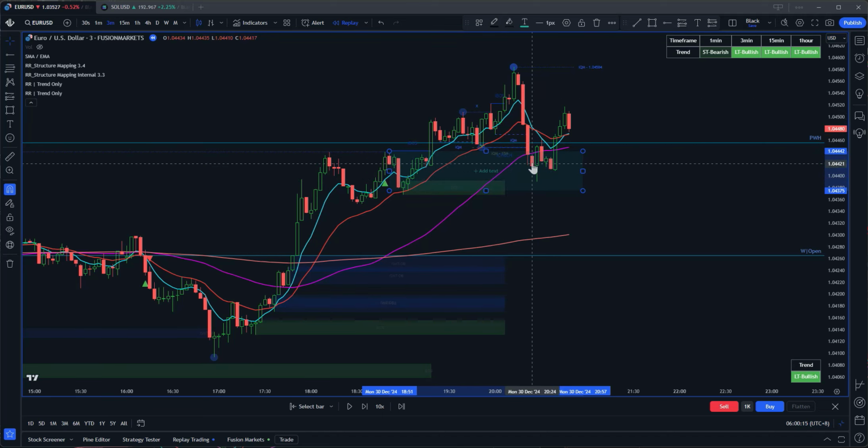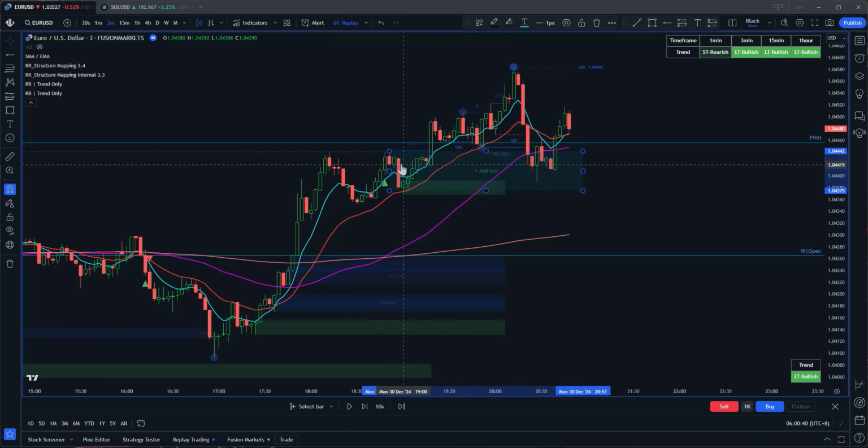And now after the change of character, basically we will have another range, but on the 3-minute time frame the range is not developed. But on the 1-minute time frame it could be. So on the 1-minute time frame maybe someone is selling here, but most likely on this time frame they are still buying. Why? Because this is a 15-minute QM. Can you see that?